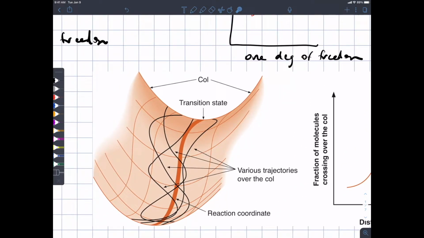What this figure is intending to show you is the pathways that molecules may take when they're going over this saddle or this col. Here is the minimum energy pathway, but of course at any temperature we've got a range of energies that particles have. And so they may traverse this pathway not exactly over the minimum pathway, but they may have some wiggle room in how they go over it.